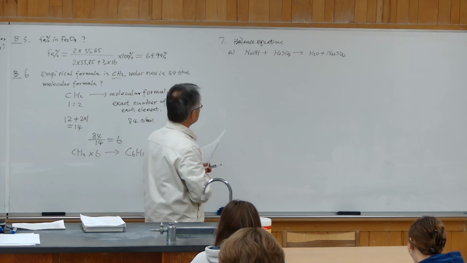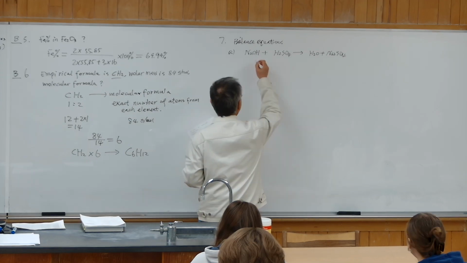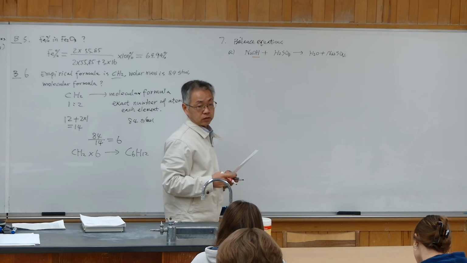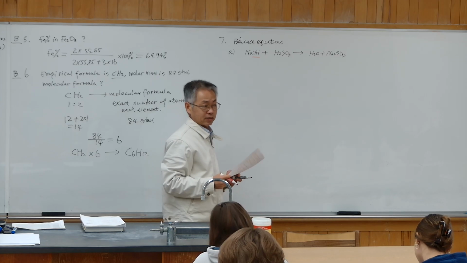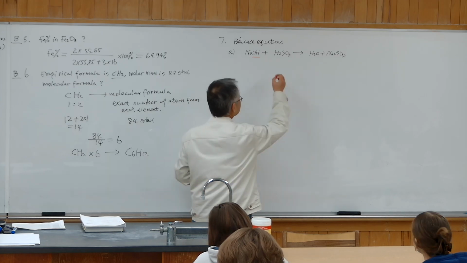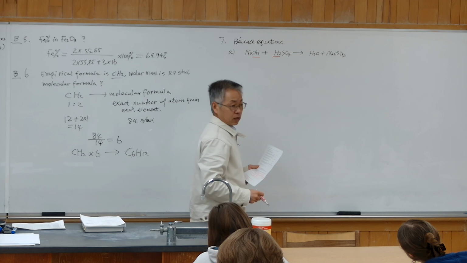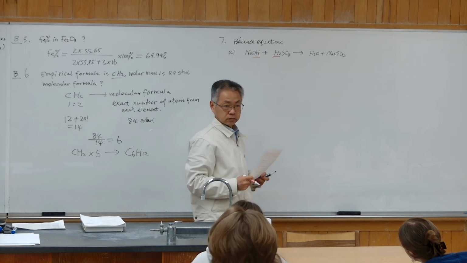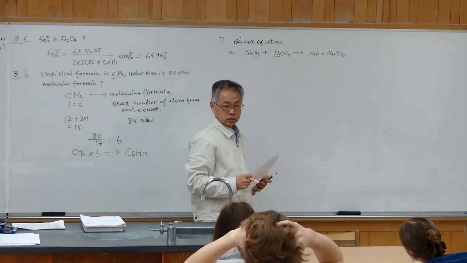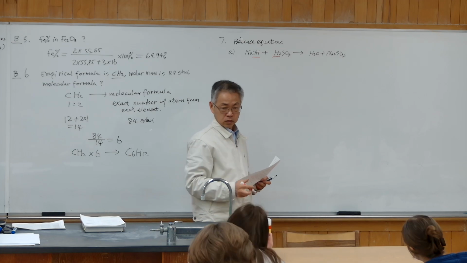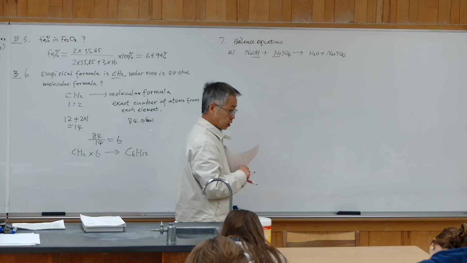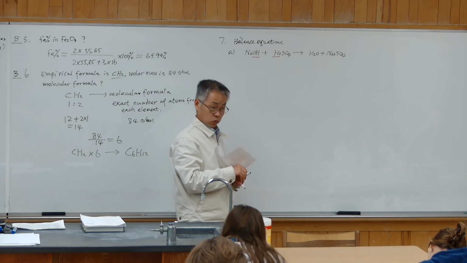This is reacting an acid and a base, right? OH is the base. NaOH, I will say this is the most famous base. This hydrogen is the acid, right? For an acid-base reaction, the critical thing in balancing the equation is that one hydrogen ion reacts with one hydroxide ion to produce one water.